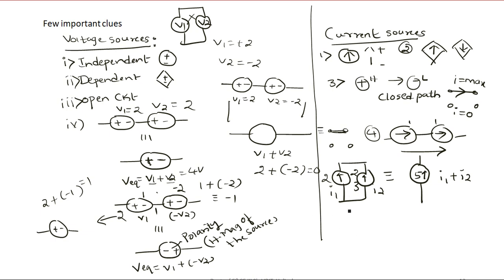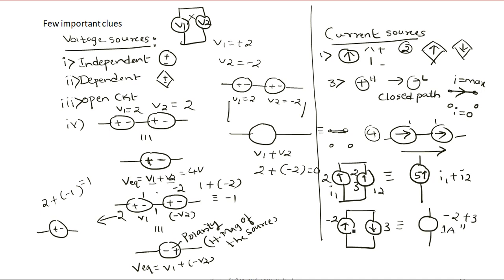If I have another condition like one current source is like this, labeled minus 2 amps, and another current direction which is labeled as 3 amps, no doubt it will be added up and result in one current source, that is minus 2 plus 3 is equal to 1 amp.